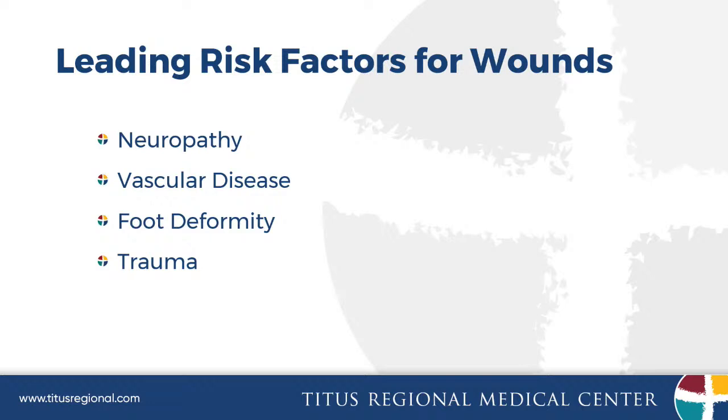So there is some good news, and that is if you develop this problem, there are steps you can take that can help you heal and prevent another alternative like an amputation. So 80% of ulcers are not only potentially preventable, but they're also very treatable.